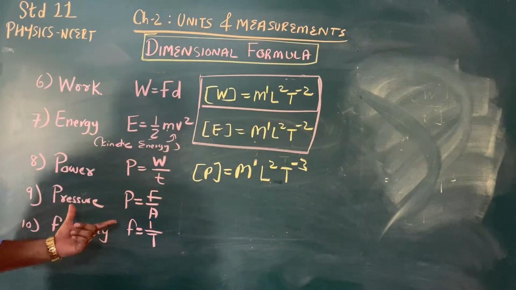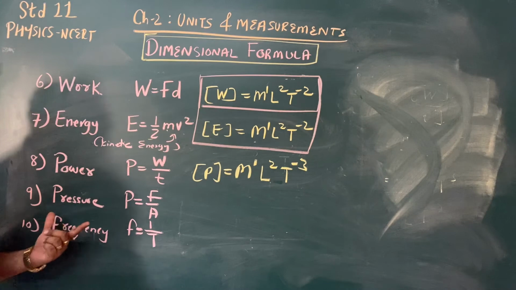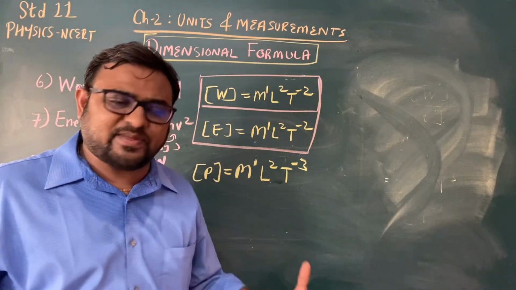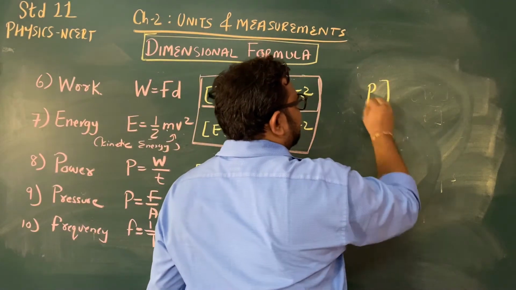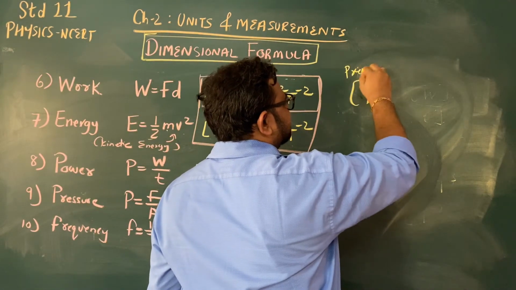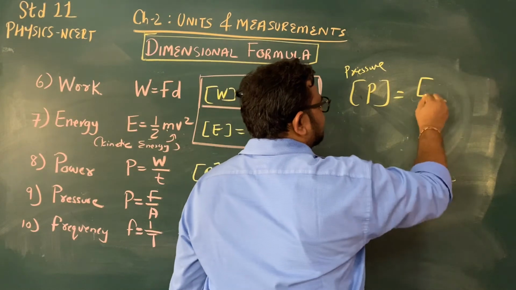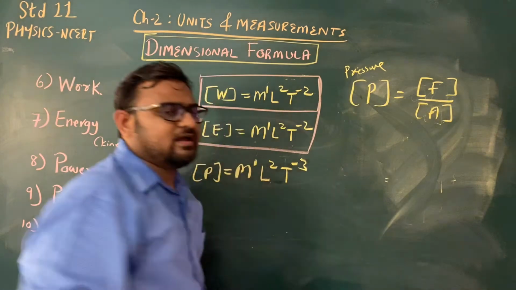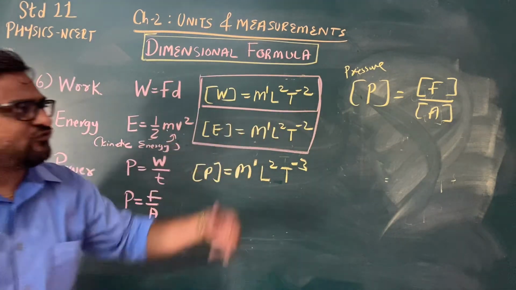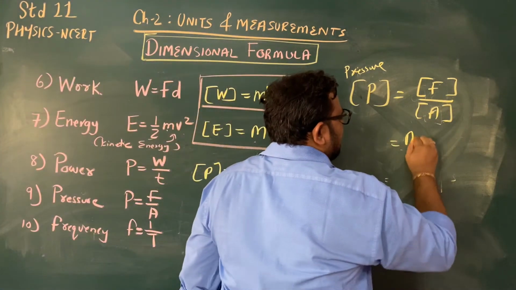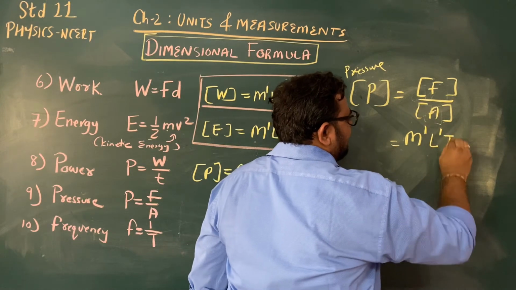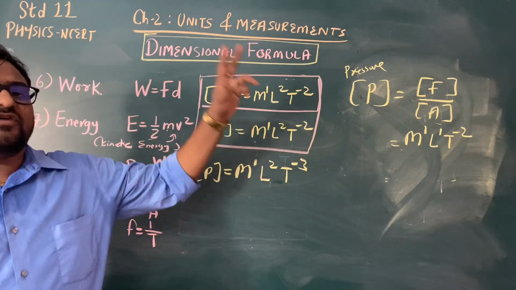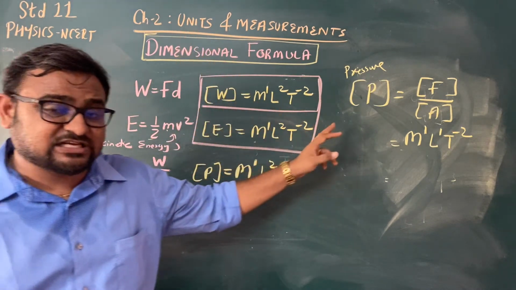The next, pressure. What is pressure? Force acting per unit area, that is pressure. So dimension formula here, P is for pressure: dimension formula for force upon dimensional formula for area. What is the dimension formula for force? M1 L1 T minus 2. I'm writing it directly. If you forget it, then you have to derive it by mass into acceleration.